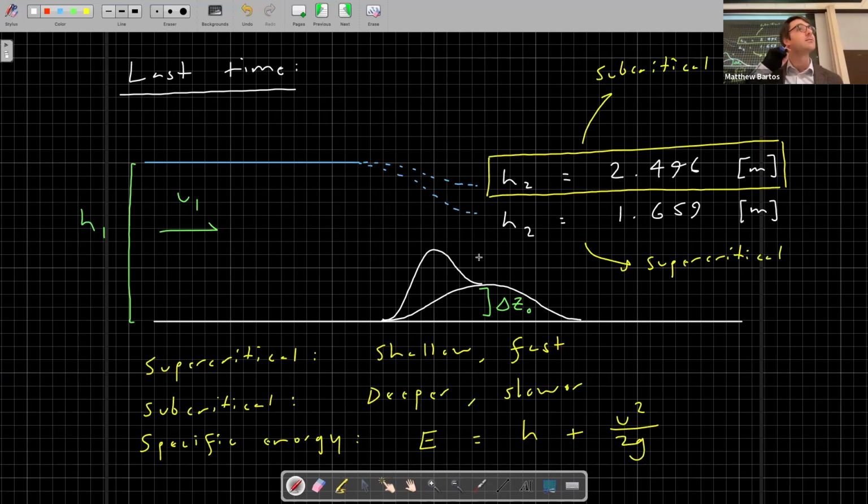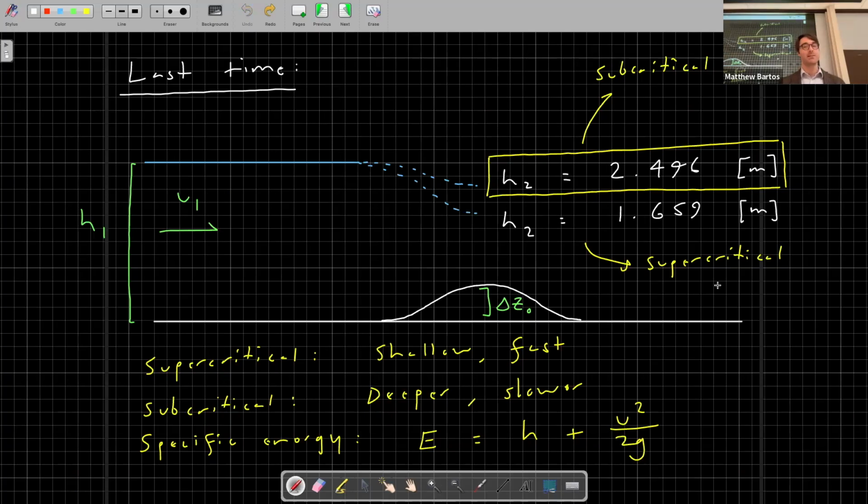Sorry? Delta Z, or would a bigger delta Z allow you to switch? So if this was delta Z, are you asking what would happen if this was delta Z max here? What would happen is that you would achieve the critical depth at the crest of the bump. Typically, what will happen after that is that the flow will continue to transition to supercritical at the downstream end.